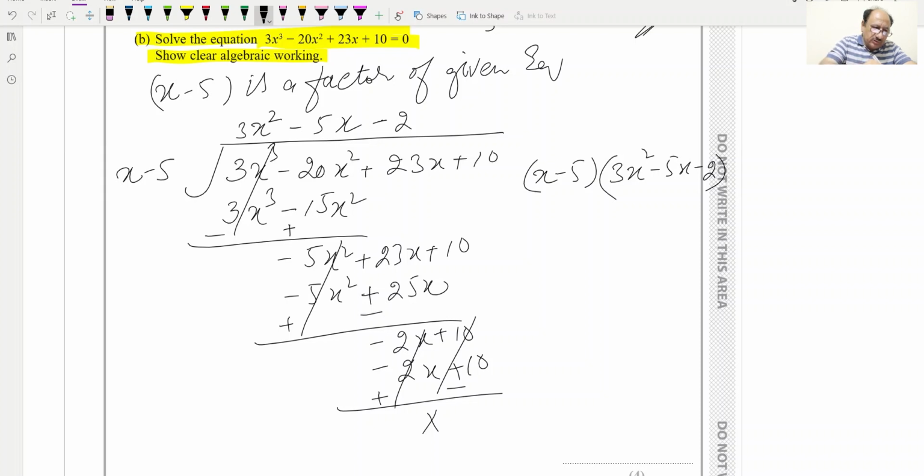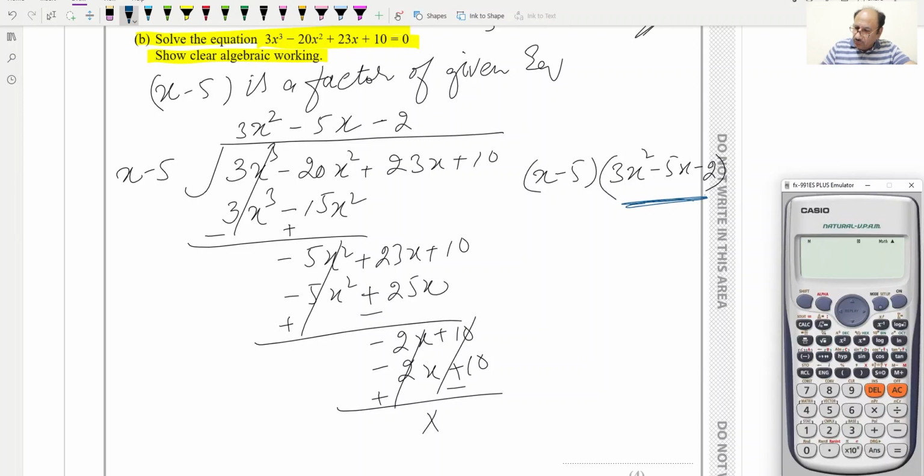I will change color so that you can identify. So x minus 5 as it is, I will factorize only this portion, and the coefficient of x squared will be 3, then minus 5 and minus 2, and this will be resulting to 2 and minus 1 by 3.